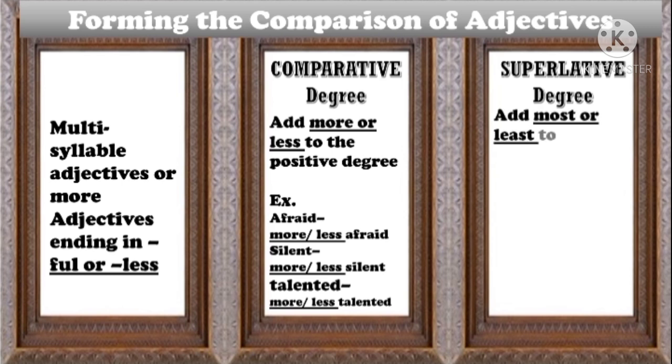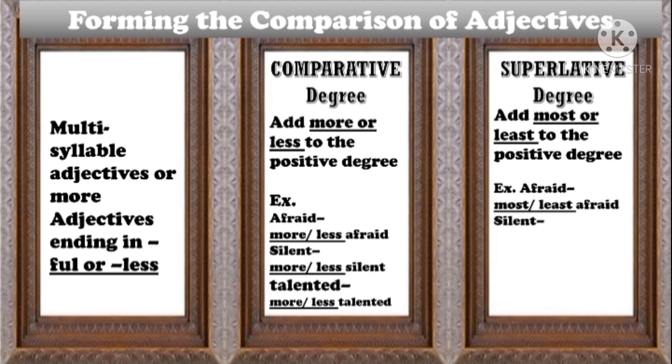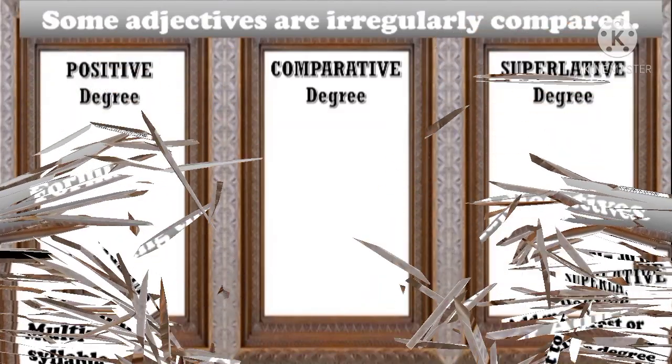In superlative degree, add most or least to the positive degree. Examples: afraid becomes most or least afraid, silent becomes most or least silent, talented becomes most or least talented.